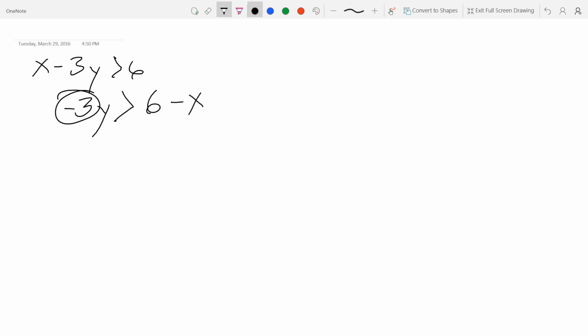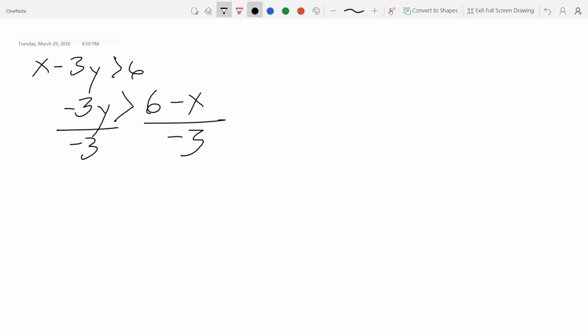It's on both sides. It's multiplying, is it not? Oh. So, what do we have to do to get... All right. How do you get rid of something that's multiplying? Divide. Correct. I'm going to divide both sides by minus 3.